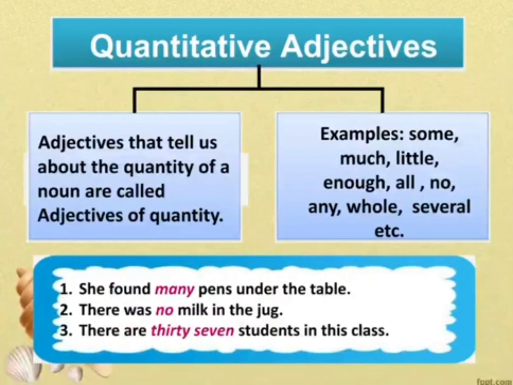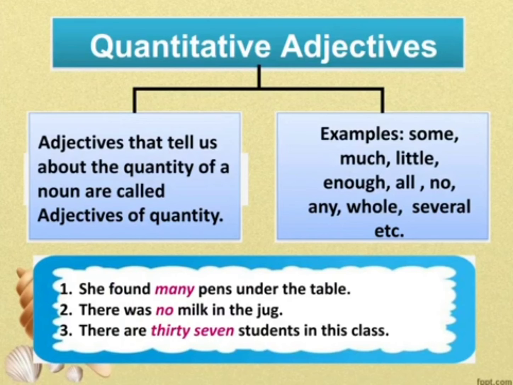So next adjective is quantitative adjective. So adjectives that tell us about the quantity of a noun are called adjectives of quantity. So the words which tell us how much a thing is are called adjectives of quantity. For example, some, much, little, enough, all, no. For example, she found many pens under the table.